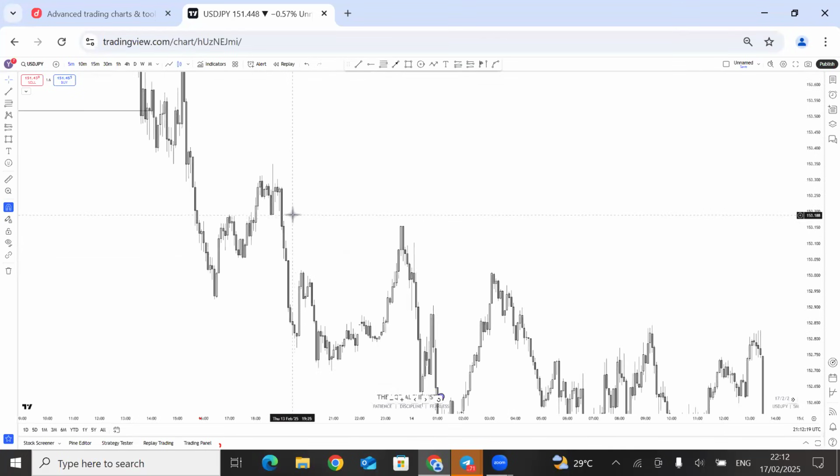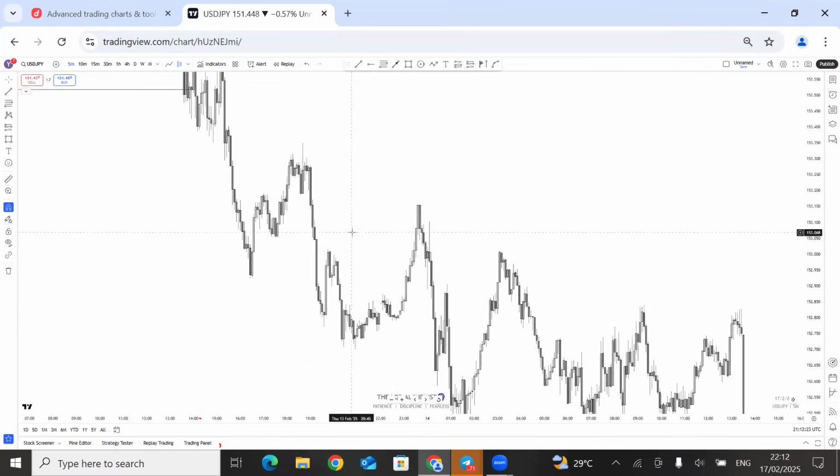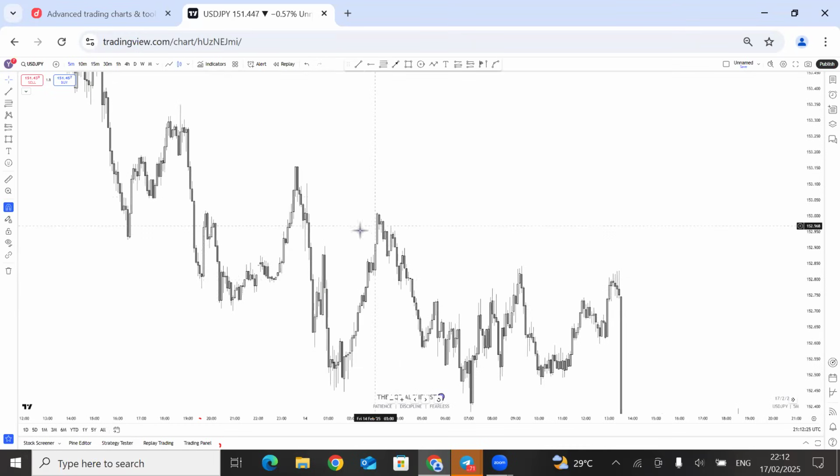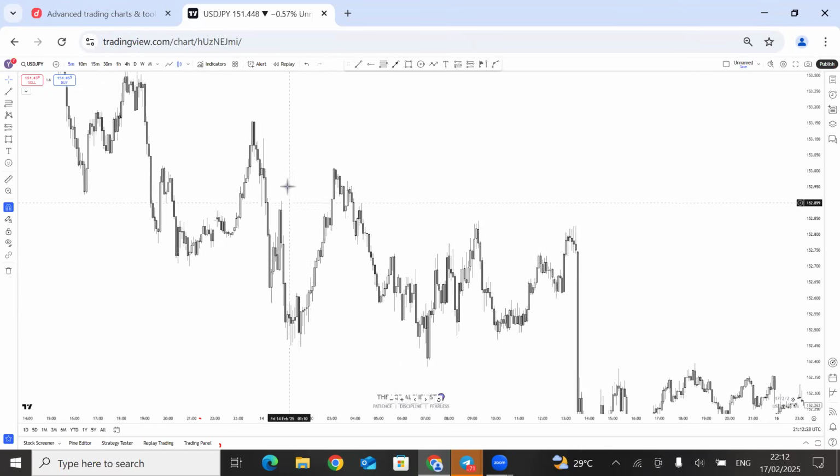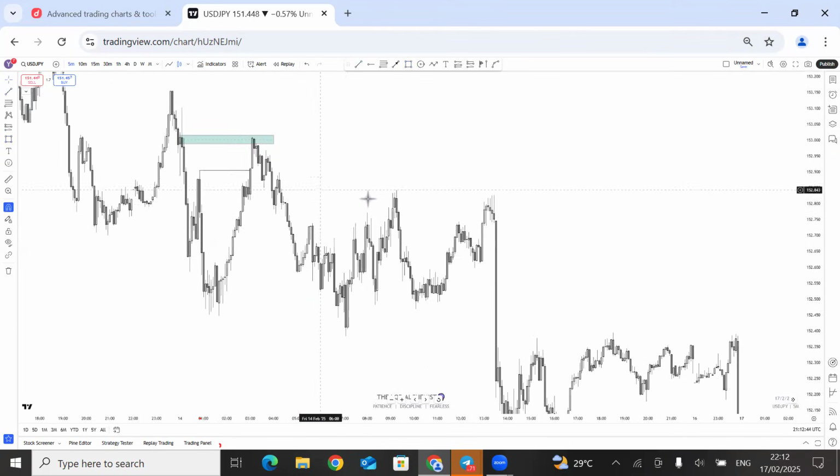All right. Something came out, but it's not really clear. Okay, I can use this here as liquidity and an order block entry here, an order block entry for a sell.